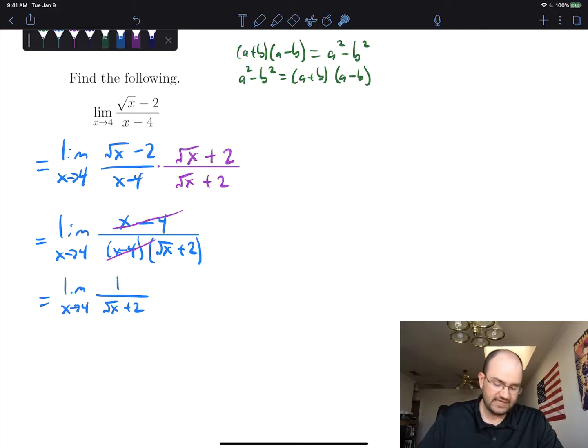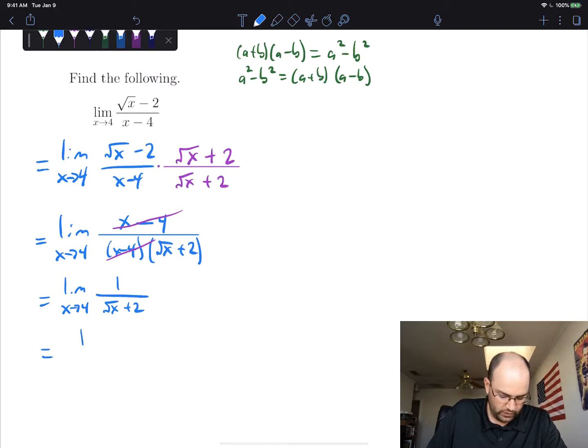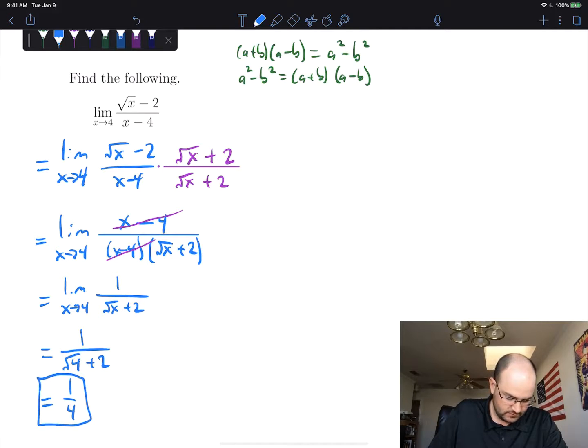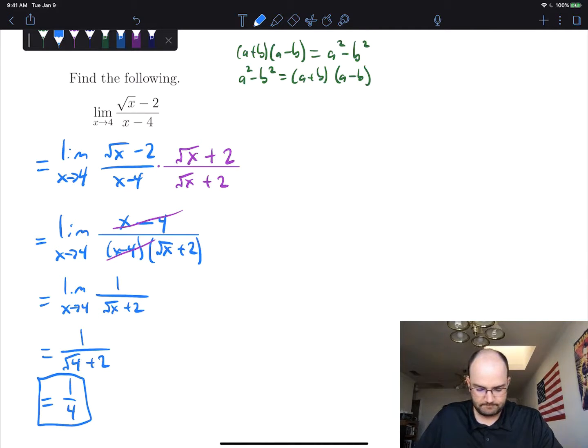And the limit as x approaches 4 of 1 is just 1, since 1 is the constant. So this is going to give us 1 over the square root of 4 plus 2, which simplifies to 1/4. Fantastic. And that's the answer. It is 1/4.